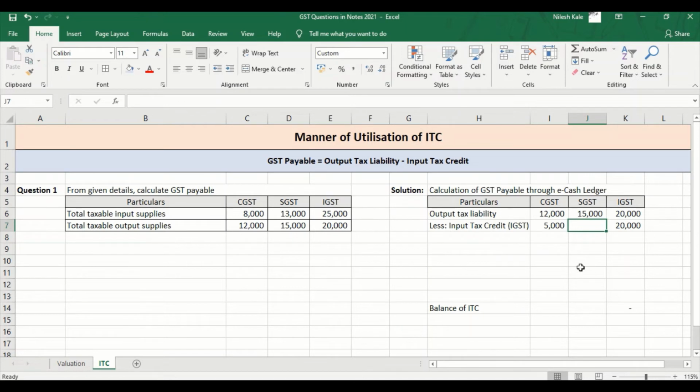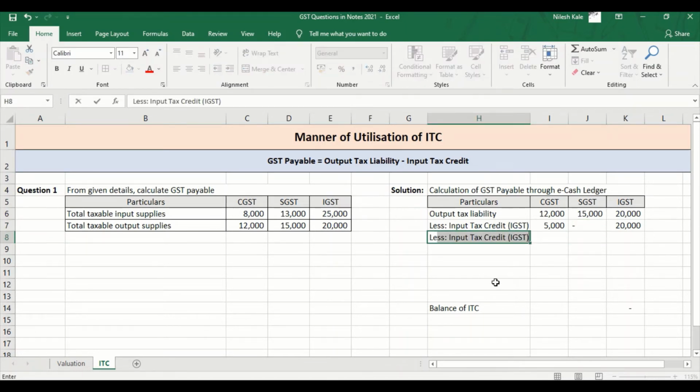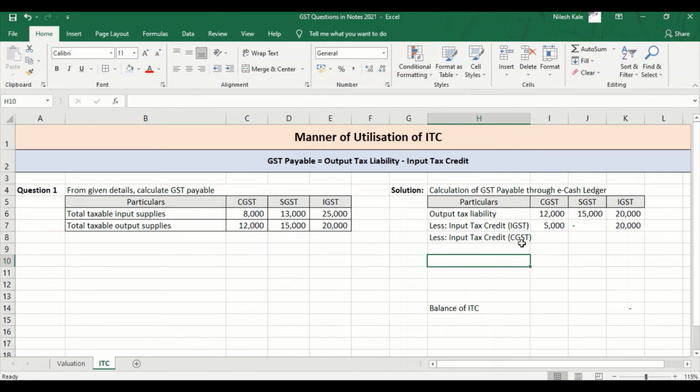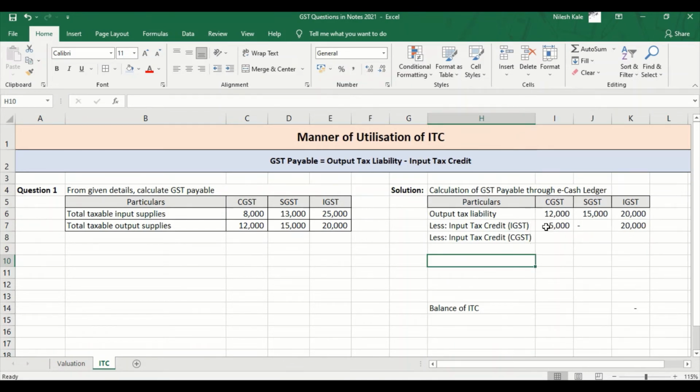For CGST I cannot do anything. Now less input tax credit of CGST I have to do. What I will do right here is that CGST. Okay, I will materialize this.